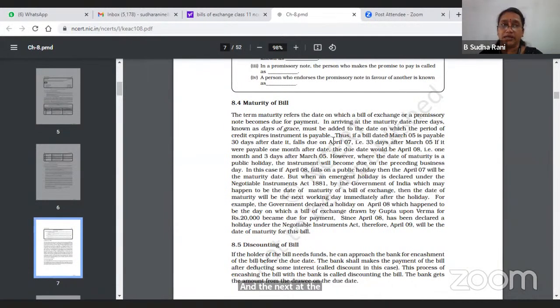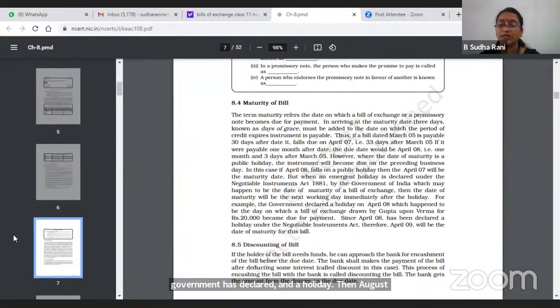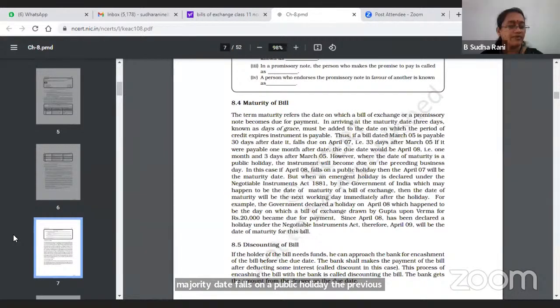Next, if an emergency holiday is declared on the maturity date, then the next day will be taken as the maturity date. That is, if on August 5th the government suddenly declares a holiday, then August 6th will be the maturity date. So remember, if a maturity date falls on a public holiday, the previous date becomes the maturity date. From that, you will take 3 grace days.